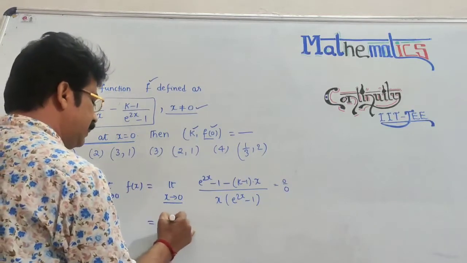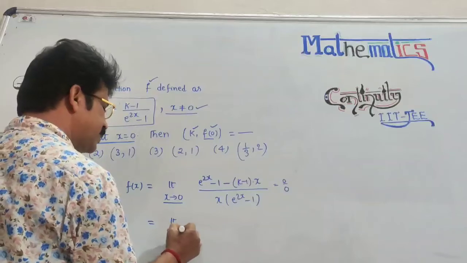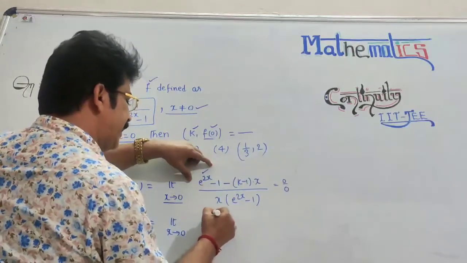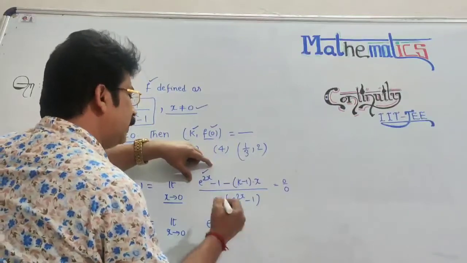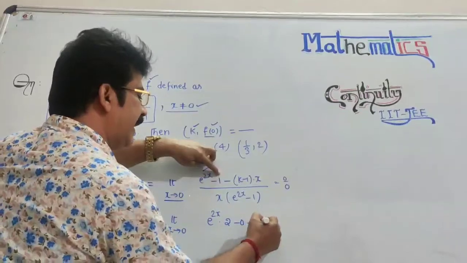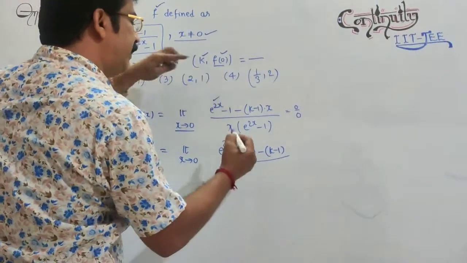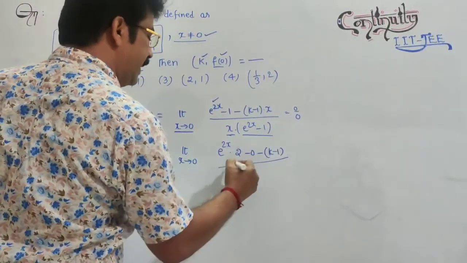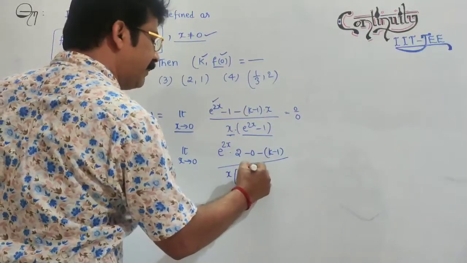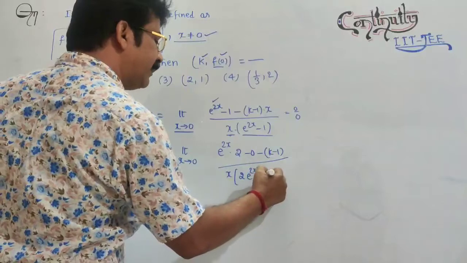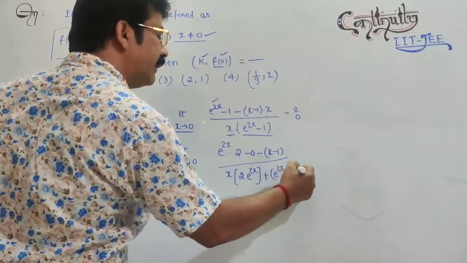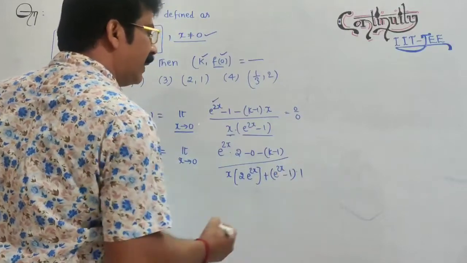So that is equal to limit x tends to 0 of the differentiation of numerator, e power 2x into 2 minus 0 minus (k minus 1), whole divided by, using the u v rule, x into differentiation of e power 2x, plus (e power 2x minus 1) into differentiation of x, which is 1.